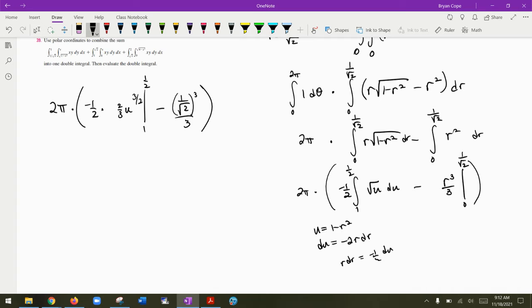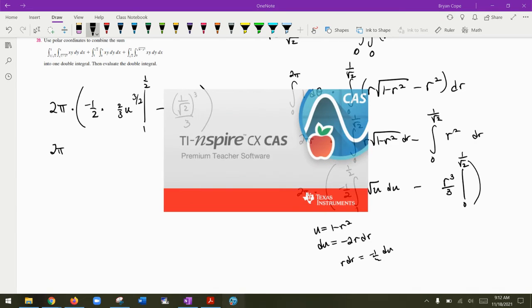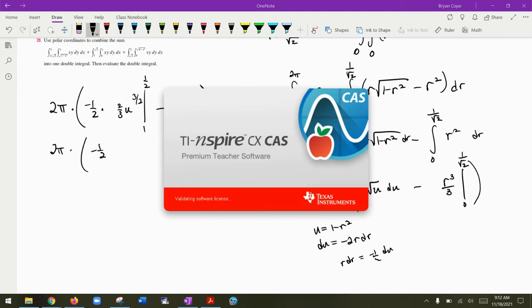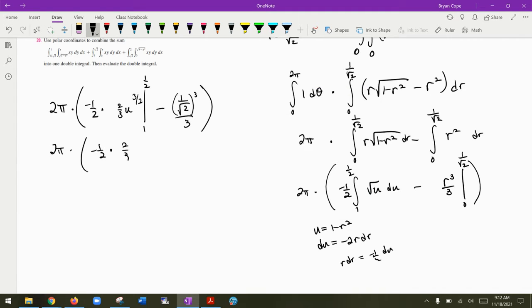Okay, let's see. I'm going to probably need a calculator here in a minute. So negative 1/2, and then times 2/3 times 1/2 to the 3/2. This is getting silly at this point.